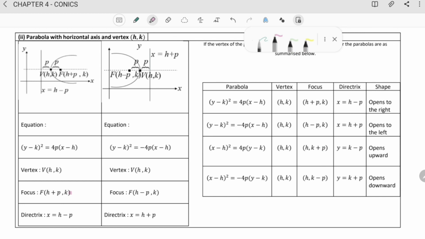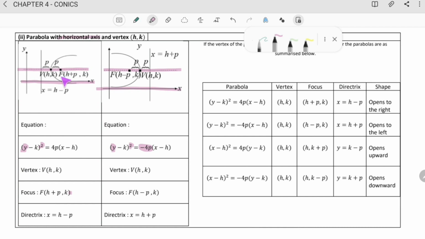Okay, we look at the second type, which is the parabola with the horizontal axis, which is parallel to the x axis, and it opens to the left or to the right. So we can say that it is y squared. If it opens to the left, it will be negative 4p.